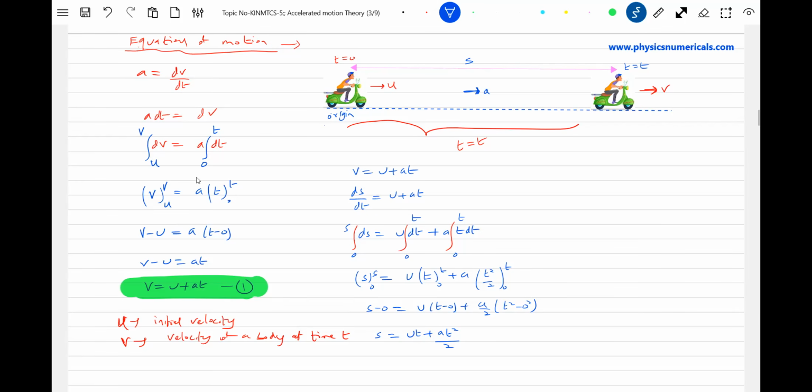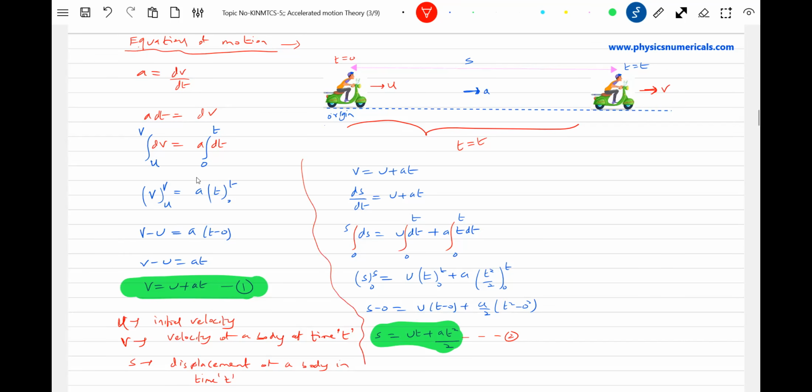Okay, this is the equation which will give us the relationship between displacement of a body in time t.